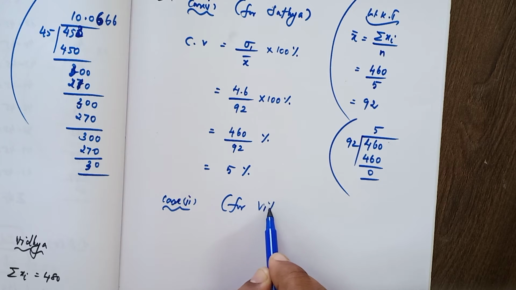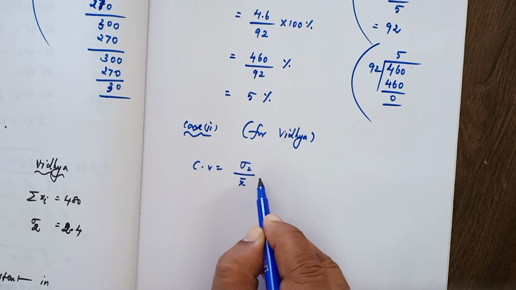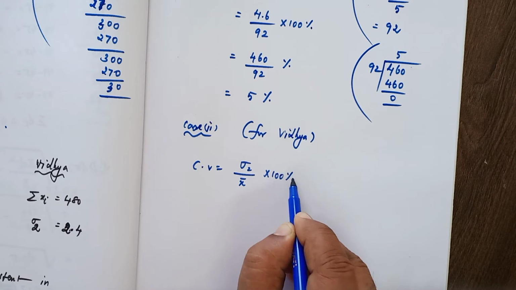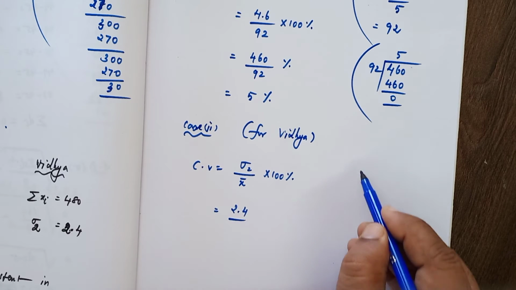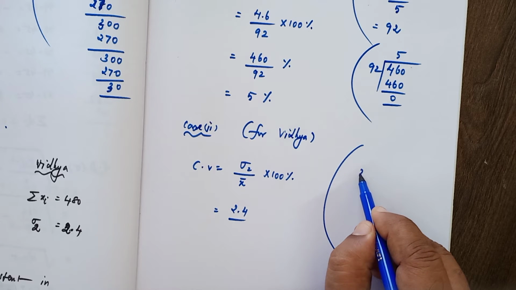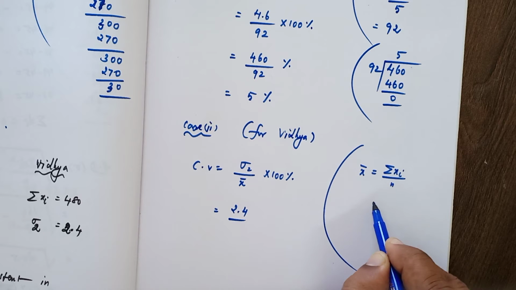For Vidya, again coefficient of variation. Formula sigma 2 divided by x bar into 100%. Sigma 2 is given, 2.4. Now we have to calculate x bar. X bar formula, you know that sigma xi by n.